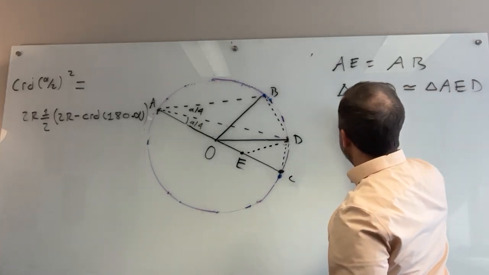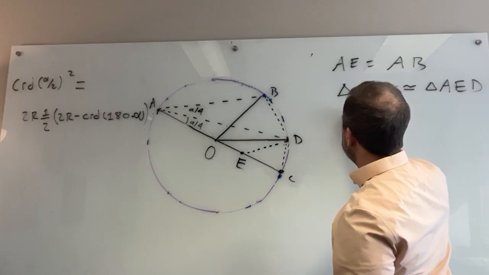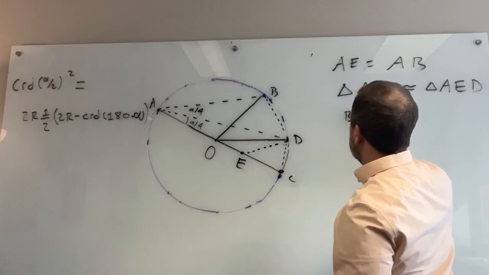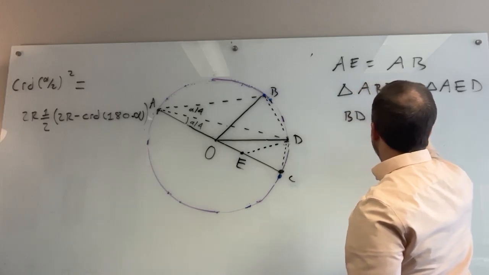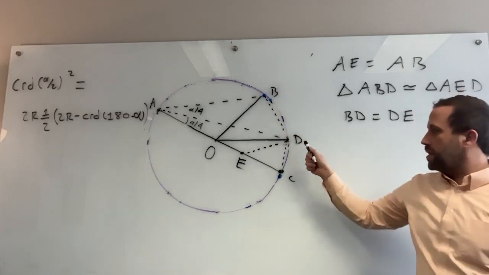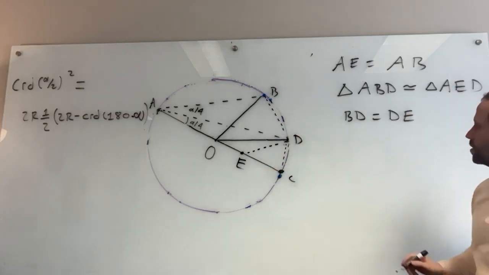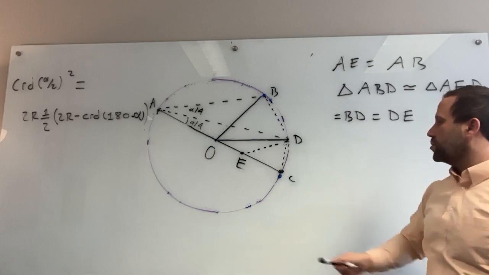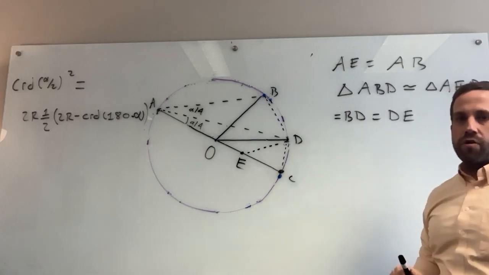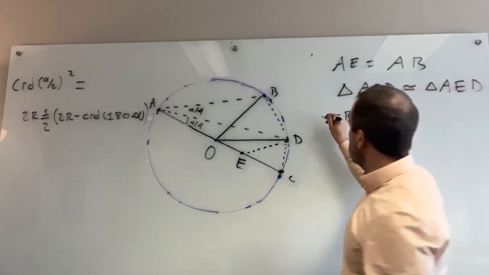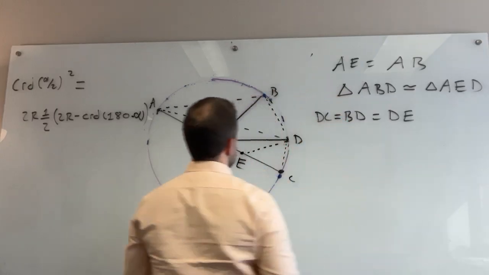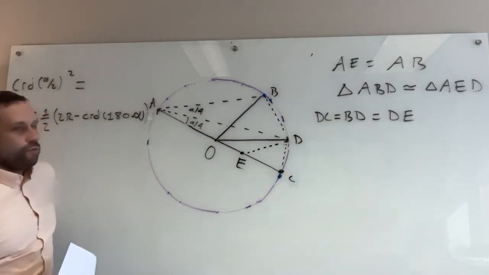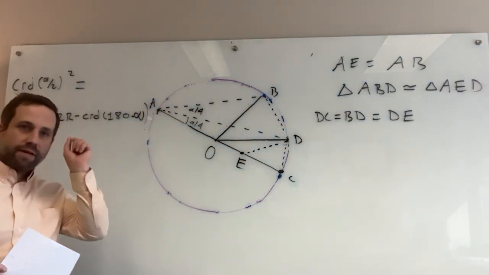So we know that BD is equal to DE. Okay, but notice that BD, that's chord alpha over 2. DC, that's chord alpha over 2. So BD is equal to DC. Okay, that's going to be helpful in just a moment. So keep that in mind.